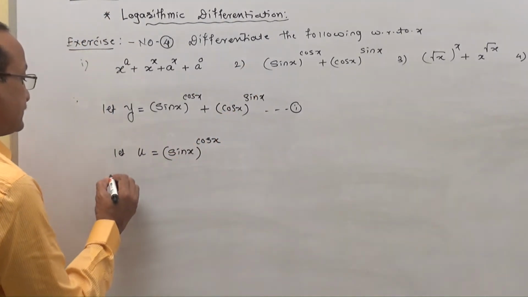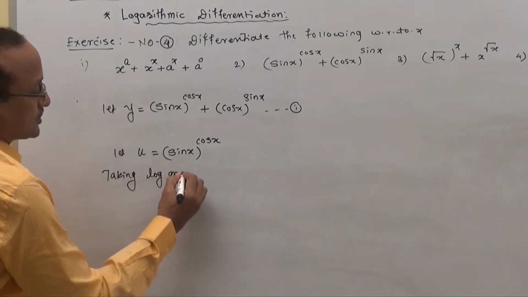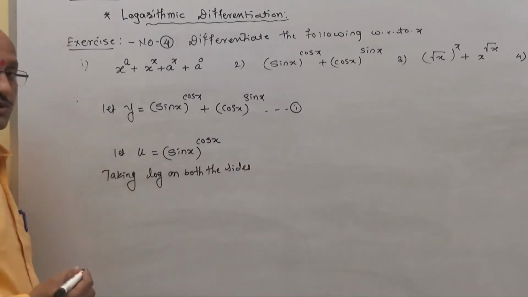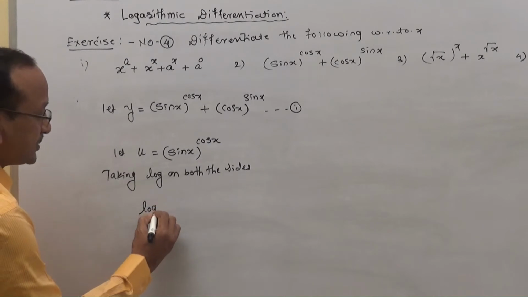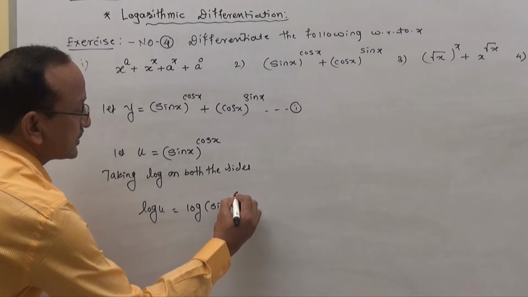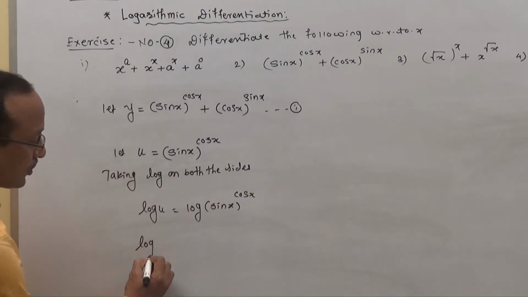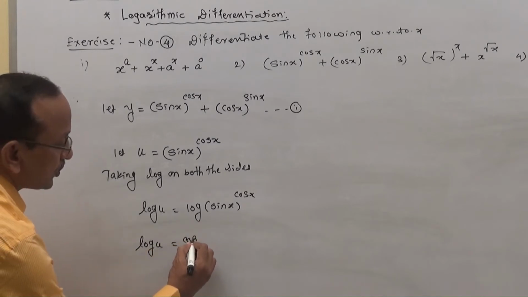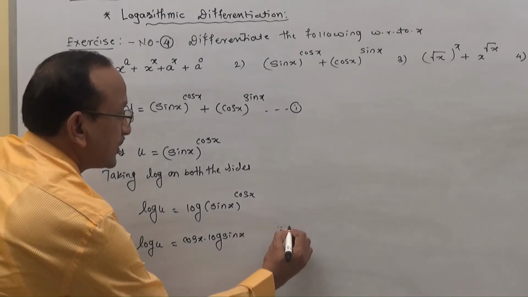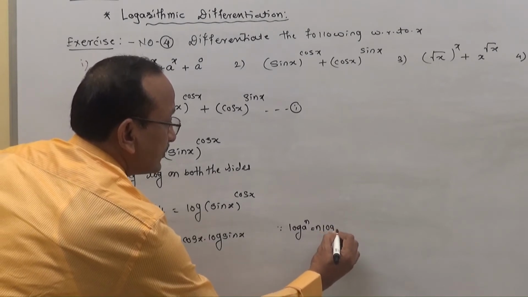So now taking log on both sides, log u is equal to log of sin x raised to power cos x, then log u is equal to cos x into log of sin x. Apply this formula: log a raised to power n can be written as n times log a.